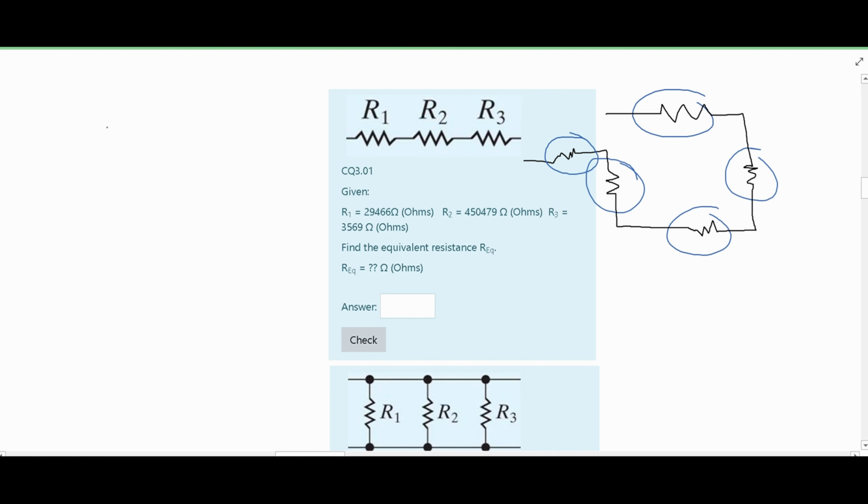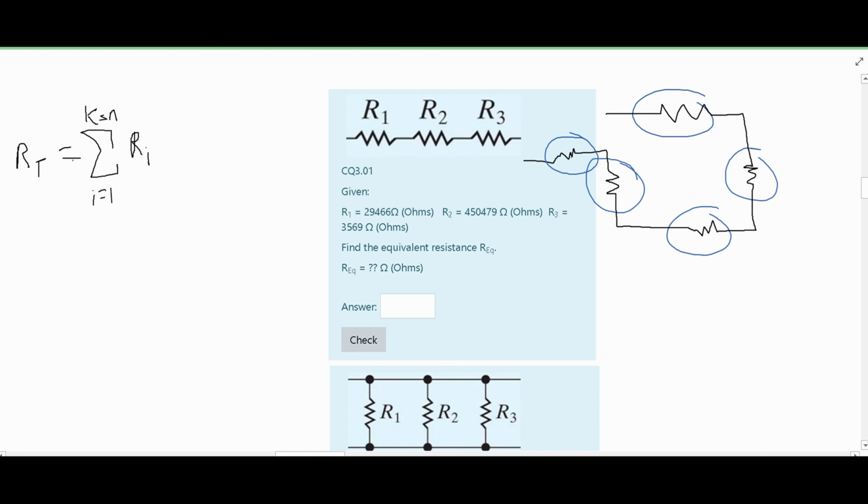So the formula for this is going to be the summation. Since we have multiple resistors that we're adding together, we are starting at I is equal to 1, and we are running this for N many resistors. We're just going to have R subscript I because we're adding resistor 1 and then resistor 2 and then resistor 3, and this is equal to the equivalent, also written as R total or RT.